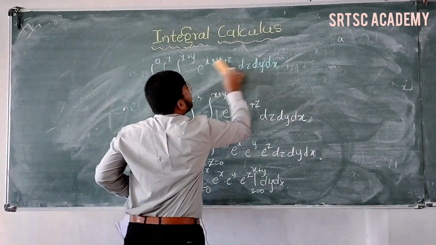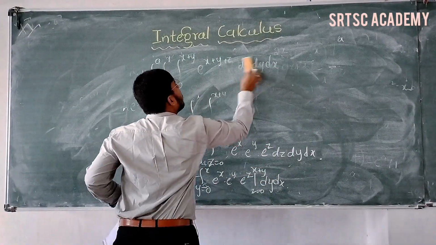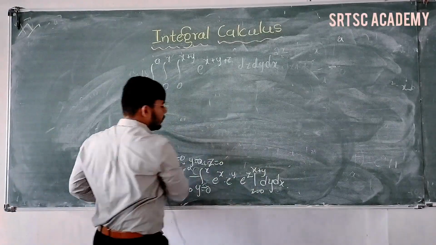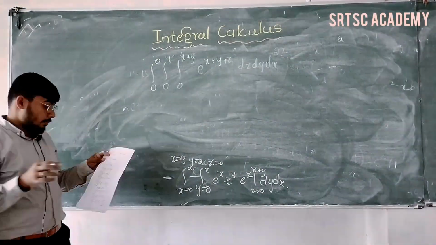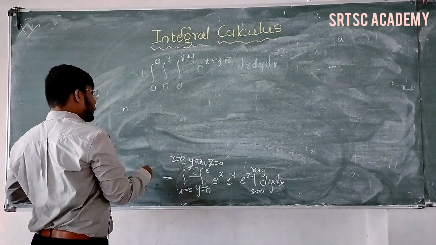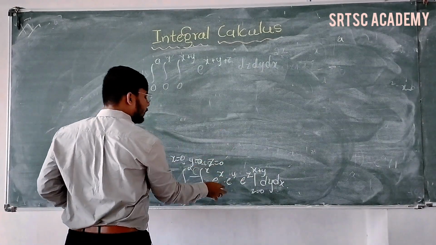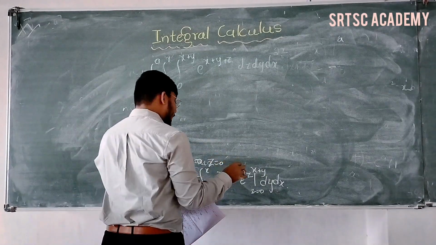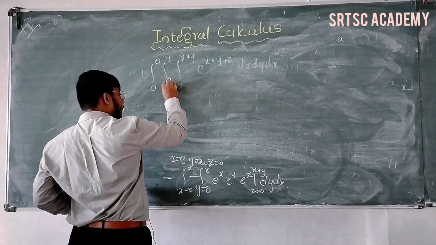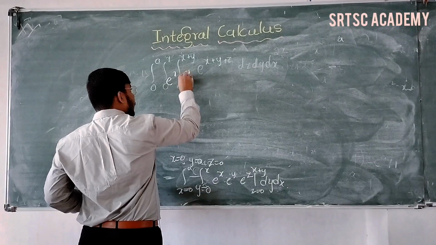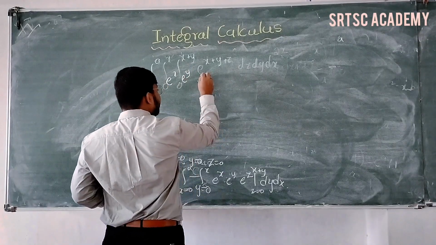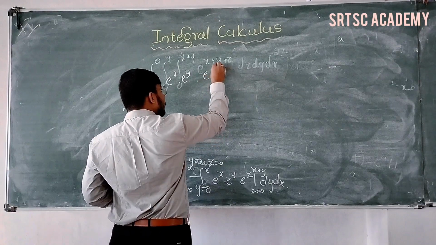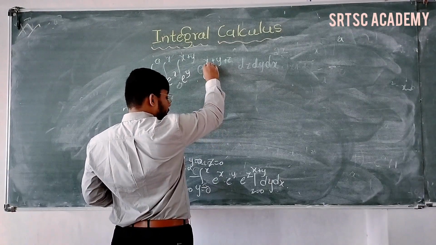It becomes what? E to the power x plus y, right? Keep it as it is: e to the power x, e to the power y into e to the power z. What is that? E to the power z.